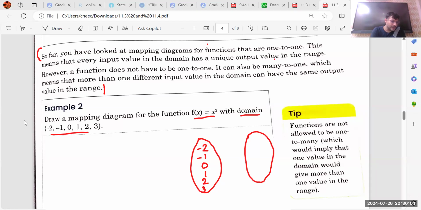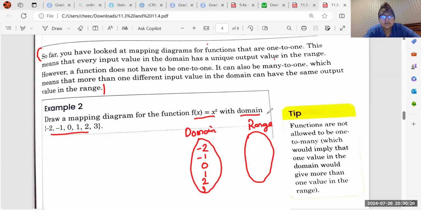How easy is this, guys, right? Is it difficult? No, sir. This is domain egg and this is range egg. Sir, done.